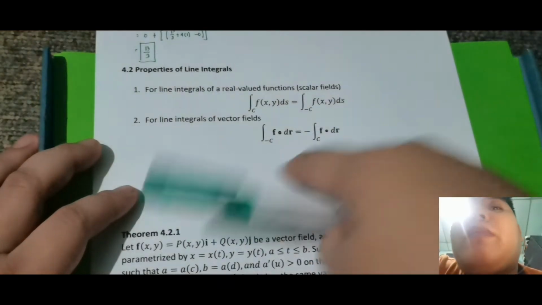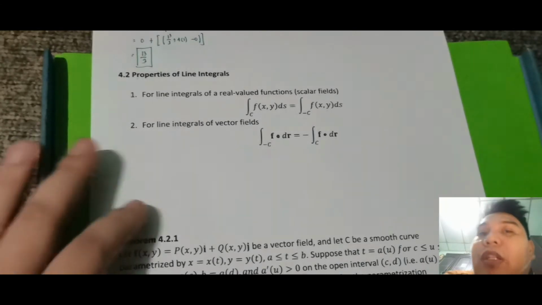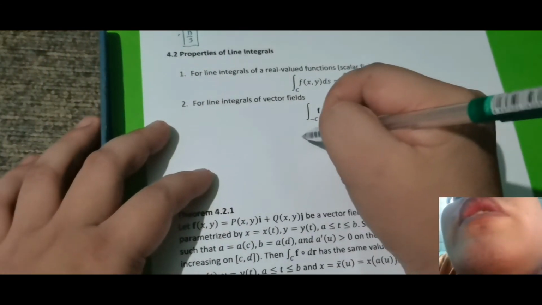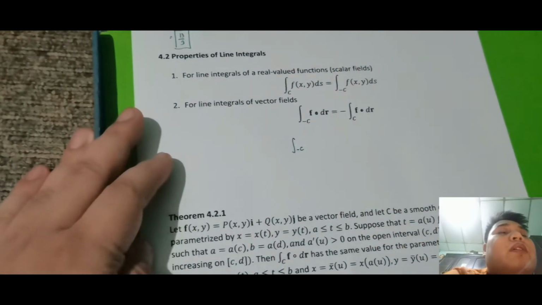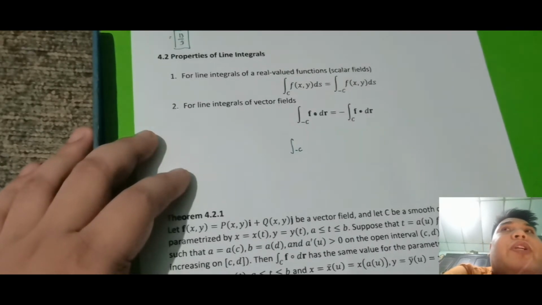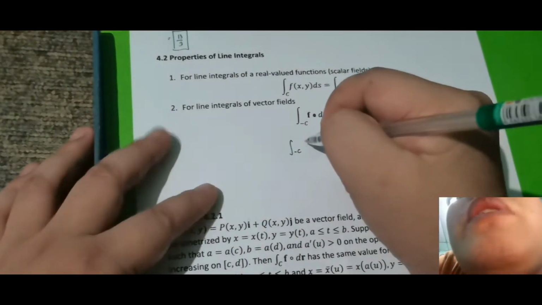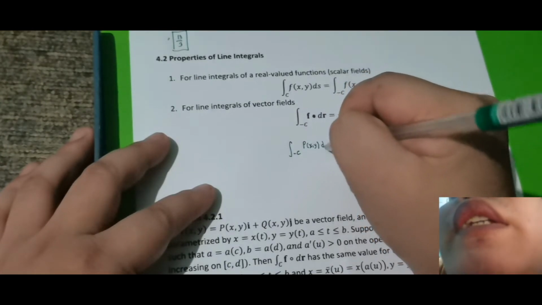So another thing, consider na rin natin yung mga scalar field sa loob ng vector field. Ano yung unang scalar field natin? Kunwari, integral along the curve negative C, or traverse clockwise direction, ng P of x comma y dx.